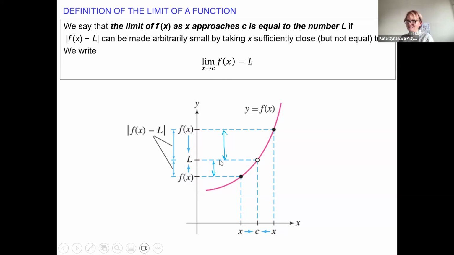L is the level that the function is actually tending to, approaching, as x is getting closer and closer to c, sufficiently close. Sufficiently close means almost c. The difference is almost 0.